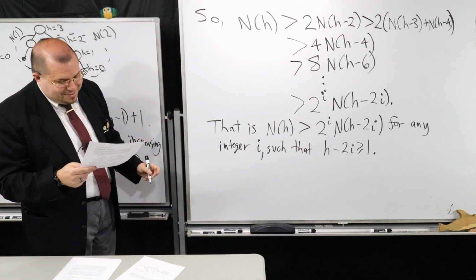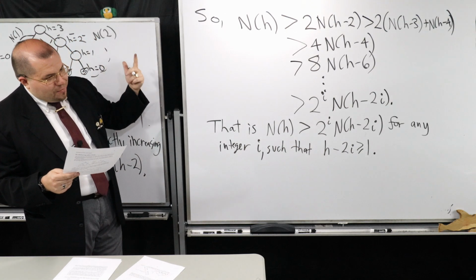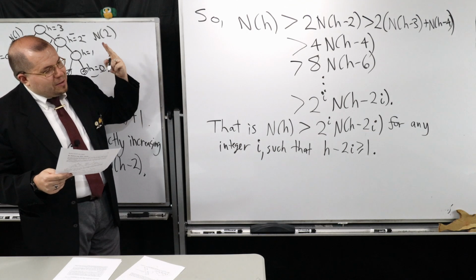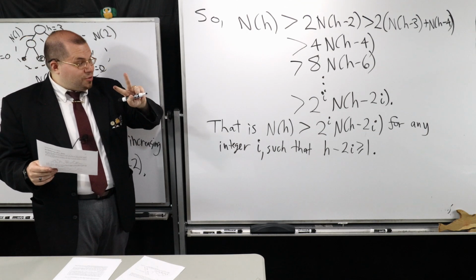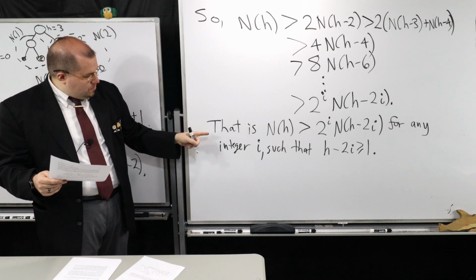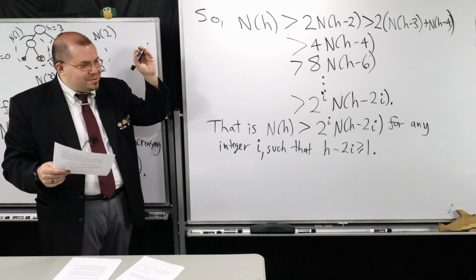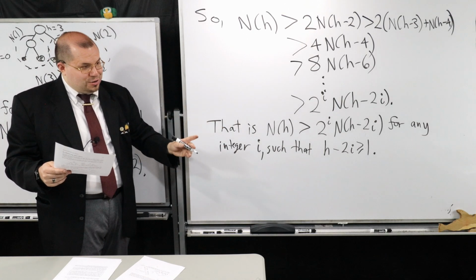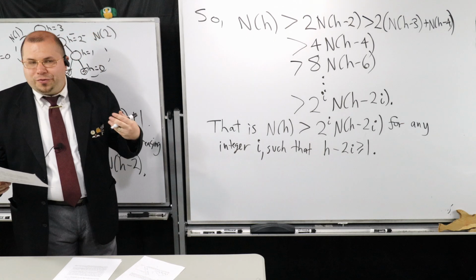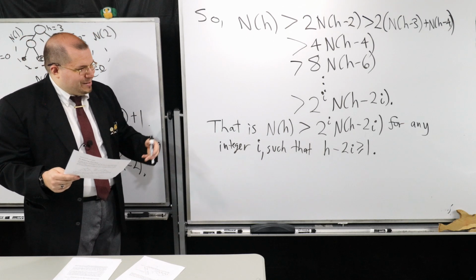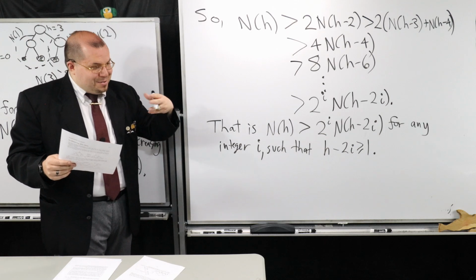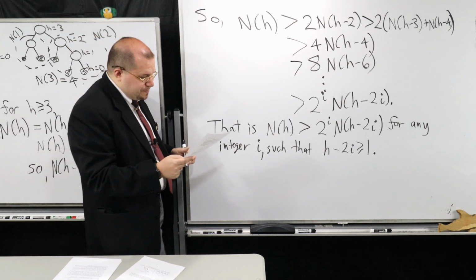So watch this. Remember, I have n of 0, n of 1, and n of 2. For the convenience in my proof, I'm going to try to make it so n of h, whatever the input is, has its h be either 1 or 2. It makes the proof a little slicker, at least in my opinion. But you're going to see that all this comes out really nice.